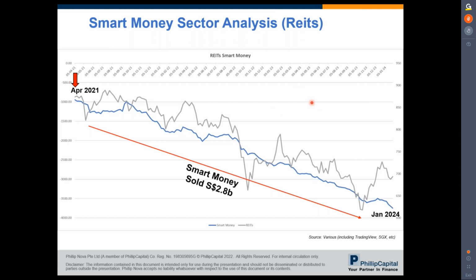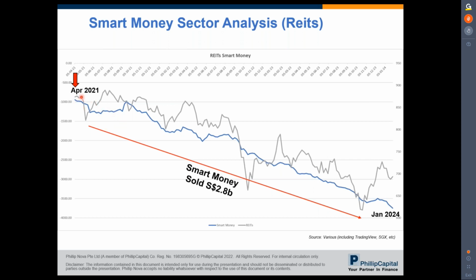How about this one on the REIT sector? A lot of investors like to invest in REITs, but since 2021, REITs haven't been doing so well as a sector. The gray line is the REITs sector index. It has been coming down, and you can see why: the smart money has been selling.